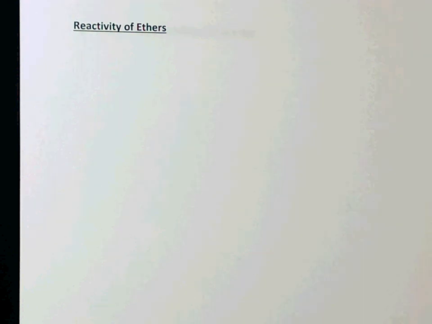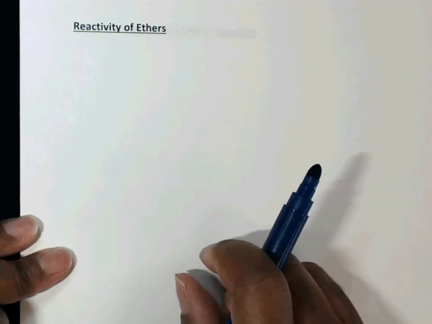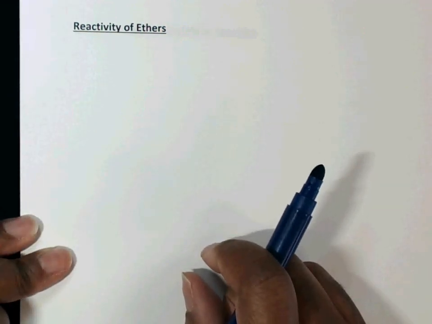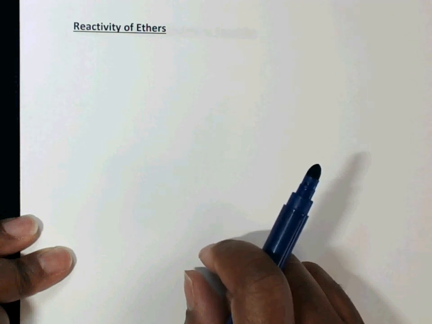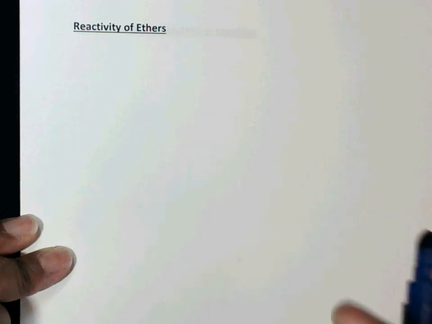This isn't going to be too bad. There's really only one reaction that I'm going to hold you responsible for. Ethers don't react with a whole lot of other things. I wouldn't say they are inert just because of how volatile they can be.